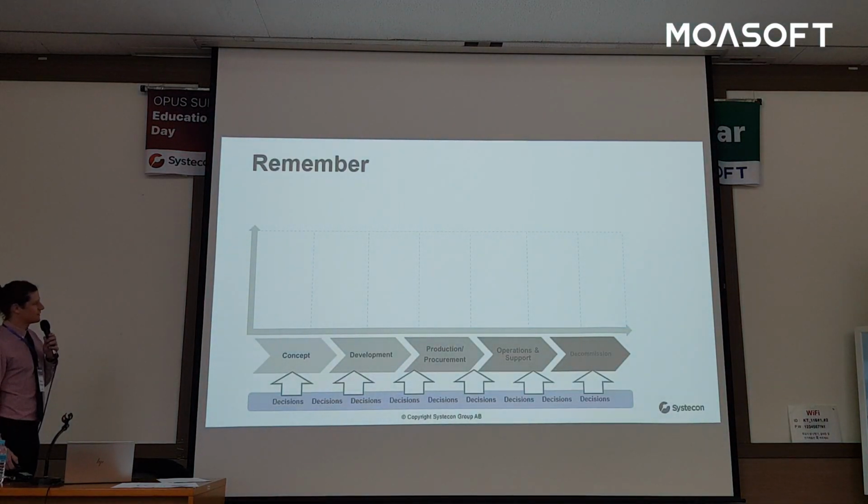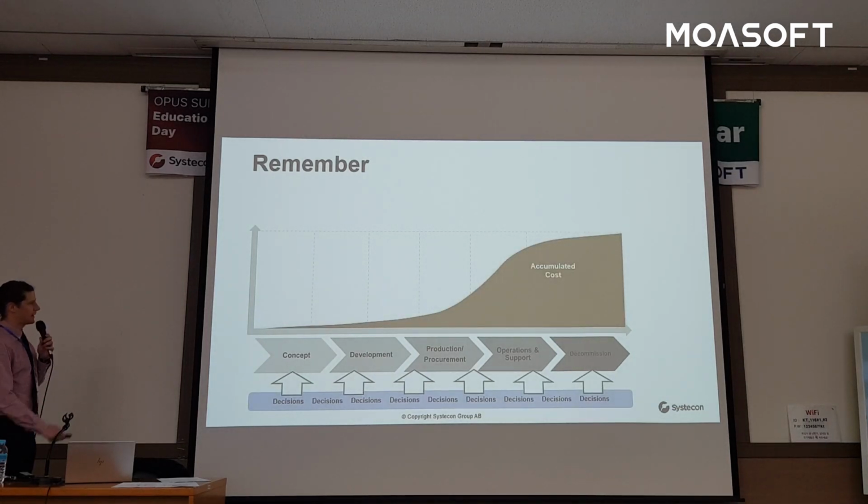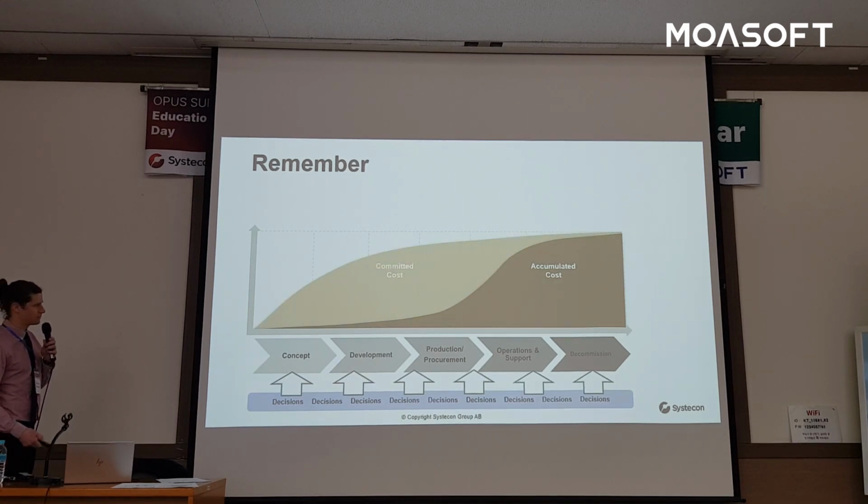So to answer this, we want to remember some things. I think I showed this, or Oscar showed this graph actually the first day. If we look at how the costs are accumulated over the life cycle, the x-axis here is the life cycle, all the different phases and so on. The important part is here, so when we commit to the costs, well, way earlier than they actually appear.